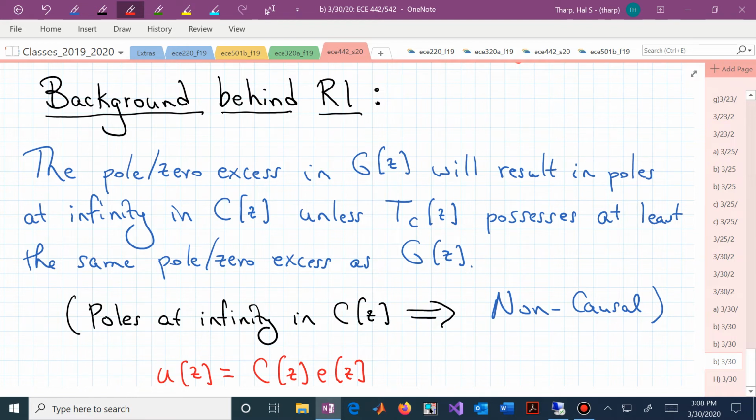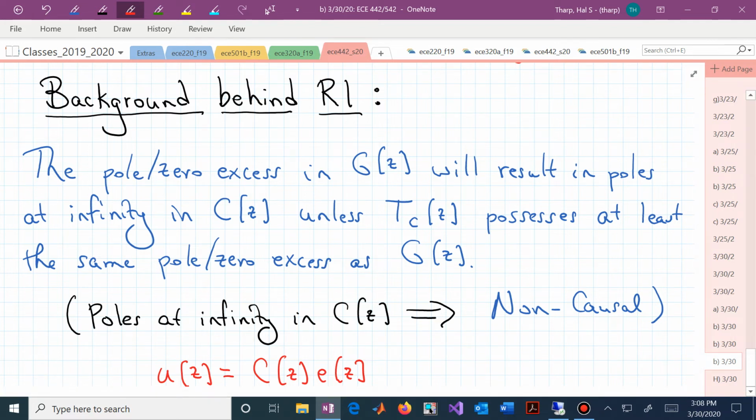If we can make sure that T sub c of z has at least the same pole zero excess as the original plant G of z, then we will not have this non-causal behavior in our controller.